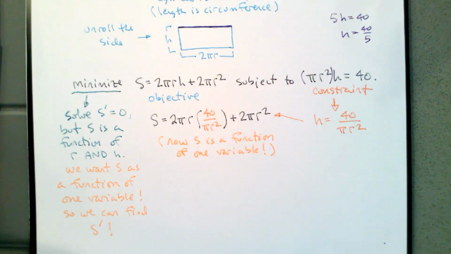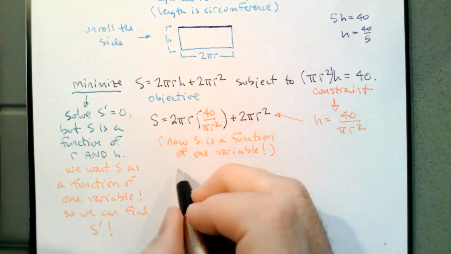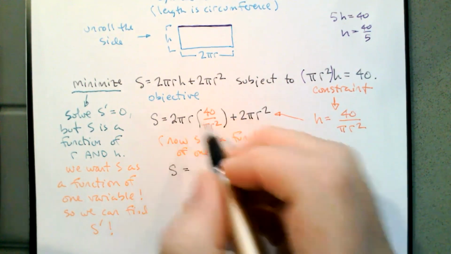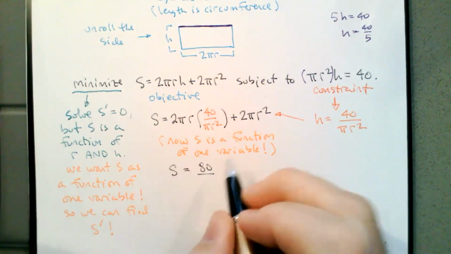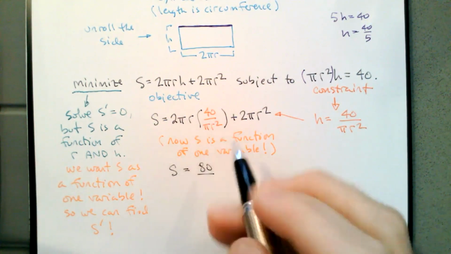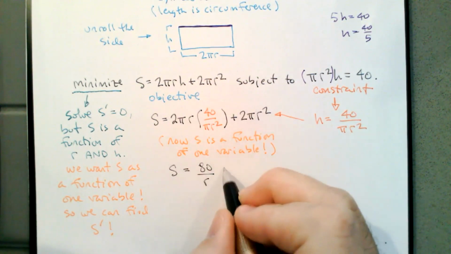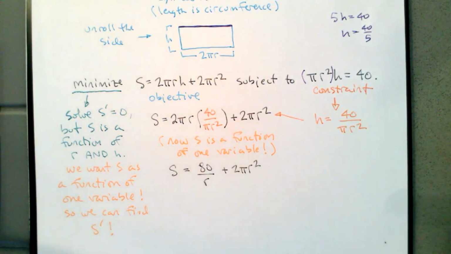I want to simplify this function because this is what we're going to take the derivative of. So I'm going to cancel out a pi here and cancel out one of the r's. So S as a function of r, I still have 2 times 40 is 80. The pi's cancel out. R divided by r squared will leave an r in the denominator. And nothing happened over here. So now we've got S as a function of one variable.